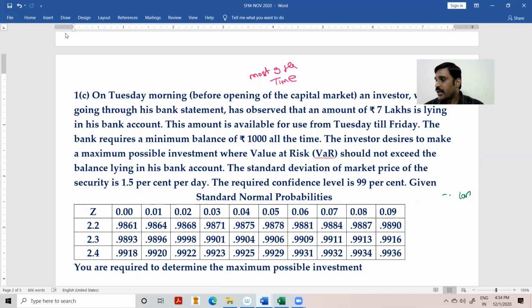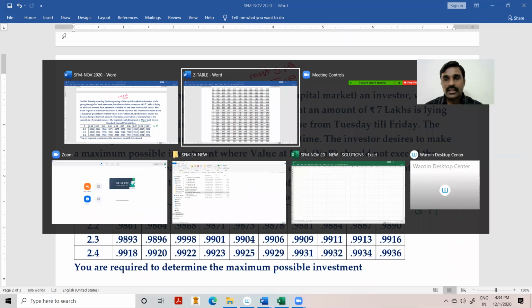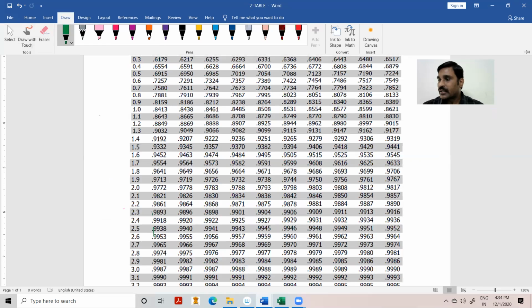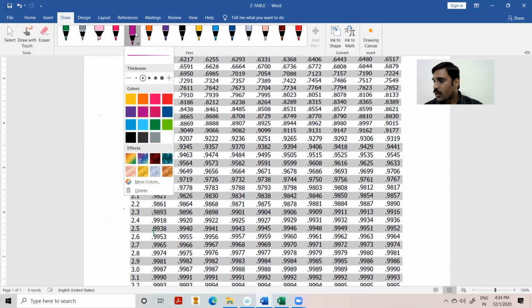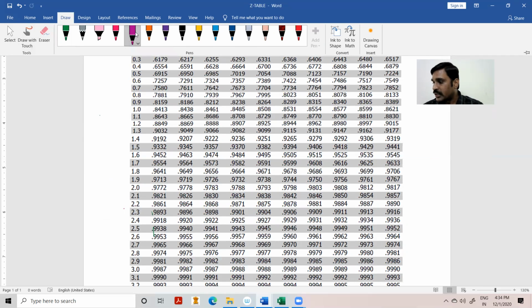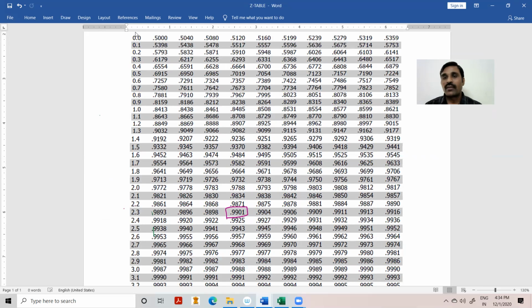They are asking 99%. 99% means 0.99. If you look at this table, 0.99 is close to where? Yes, this is 0.9901.